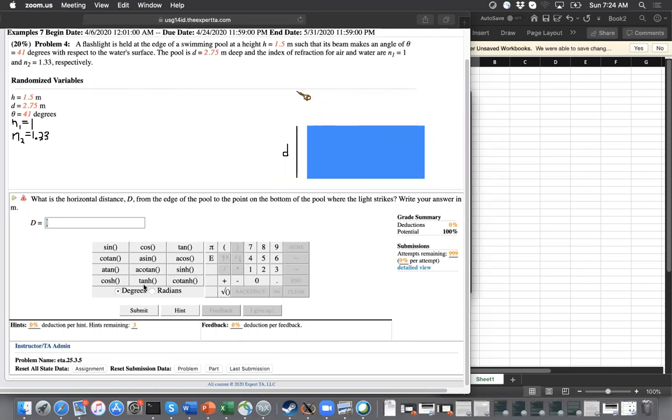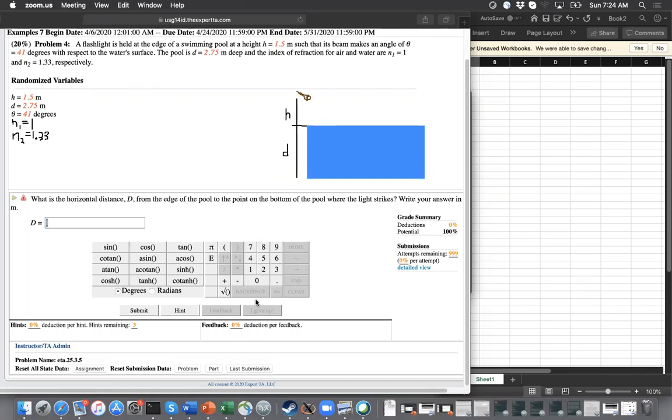The height we are interested in is from the flashlight, so it goes from the surface up to there. That's h. So to be clear, this is the height h, from there to there.